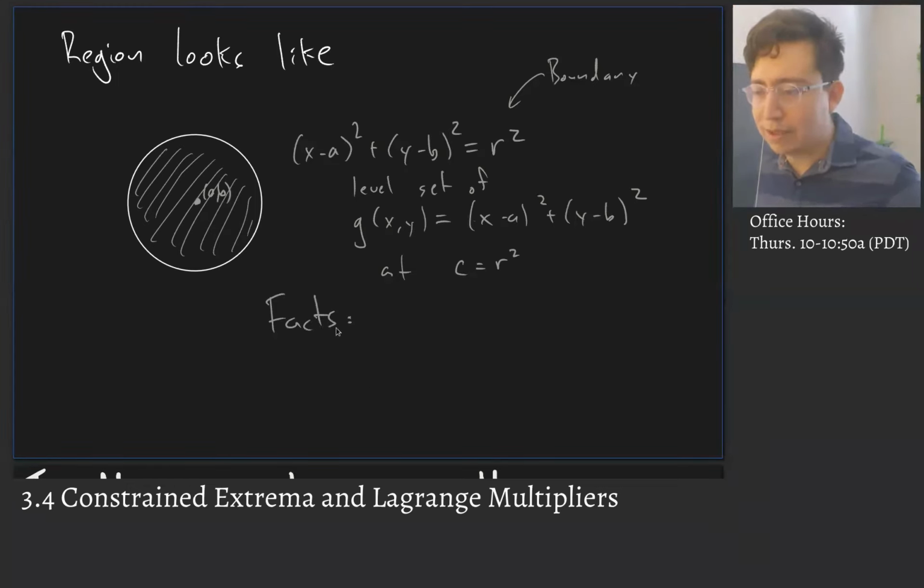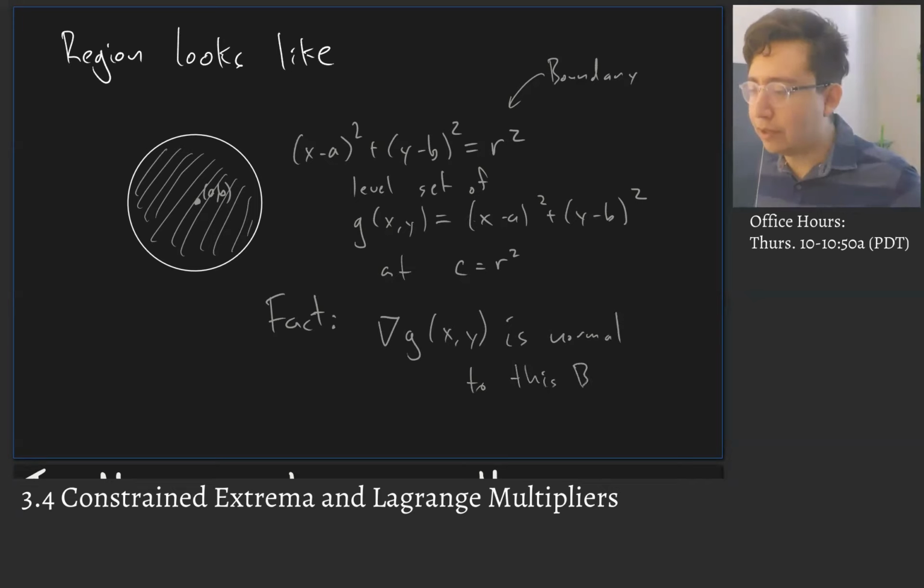For example, maybe just one fact that's going to be useful for us is that the gradient of this function that we just cooked up is normal to this boundary.